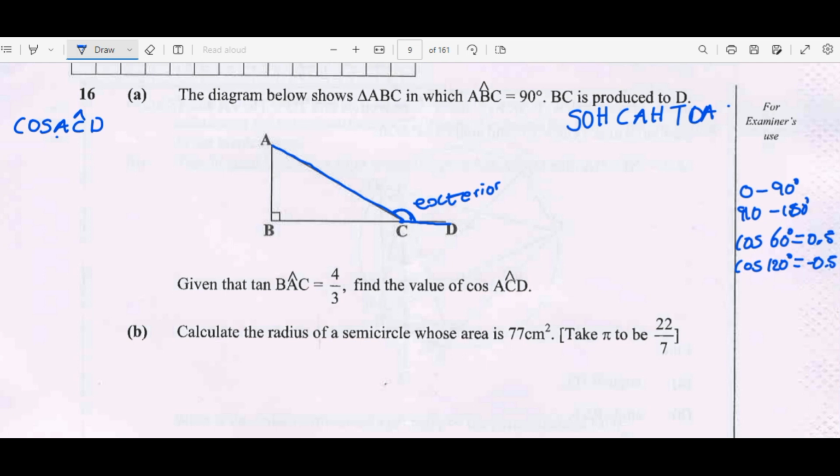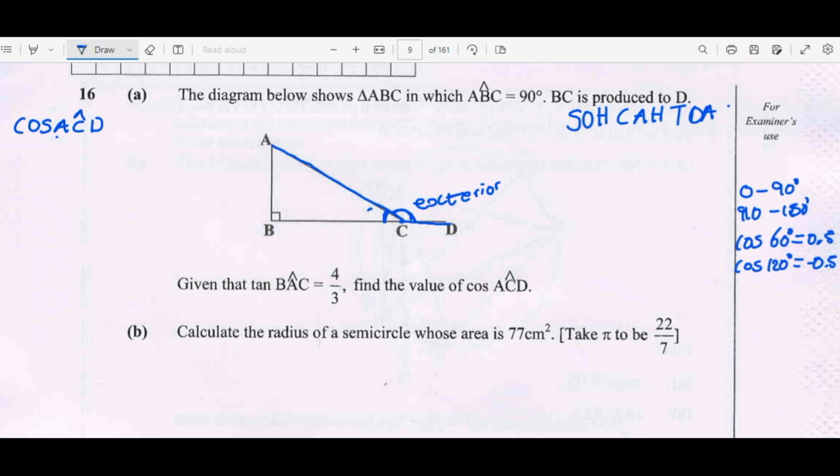So what are we going to do to find the exterior angle? For us to find the exterior angle, let's find the interior angle. If we have this interior angle, then the introduction of the negative to the interior angle produces the exterior angle. So that was the concept required for you to answer this question.